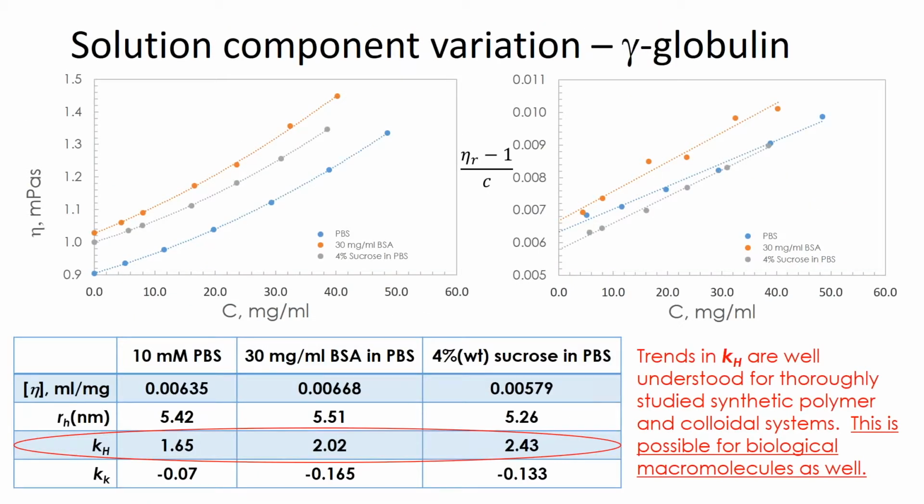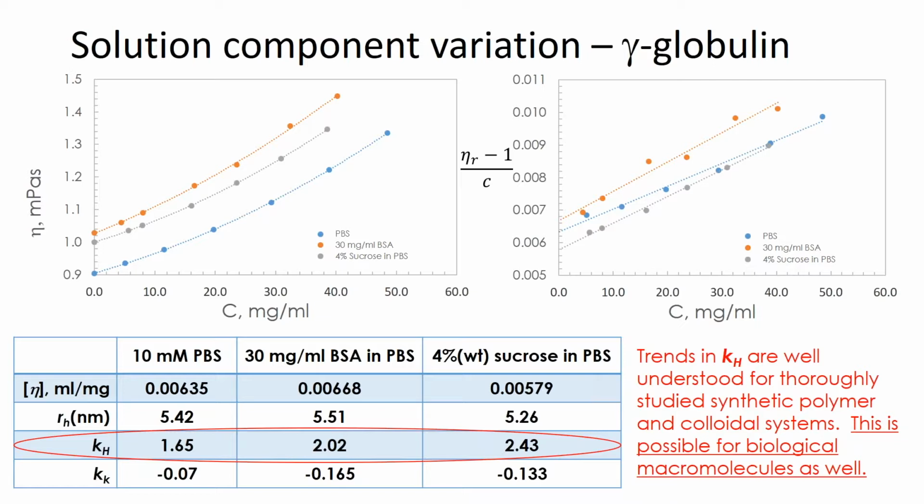But if you want to try to pick up trends, our next slide is looking now at bovine gamma globulin, and we're looking at some solution component variations. How are we going to pick up the variation in our solution with the parameters that we're extracting here?